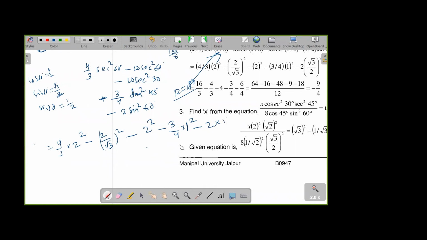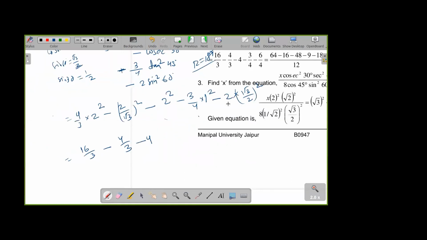so now 4 by 3 into 4, 16 by 3 minus 4 by 3 minus 4 minus 3 by 4 minus 2 into 3 by 4 means 6 by 4.